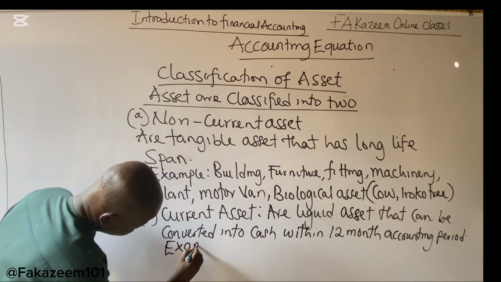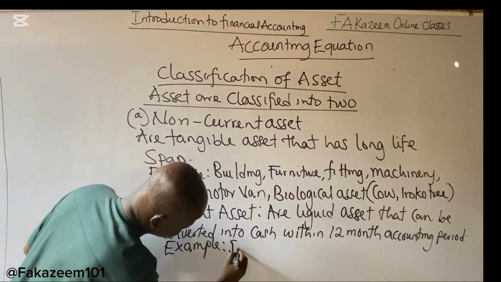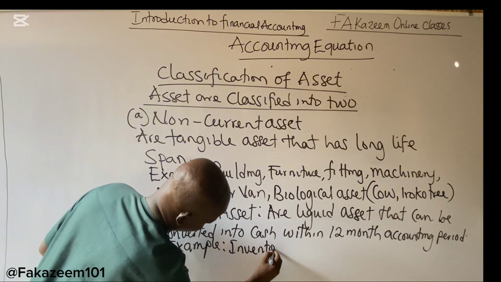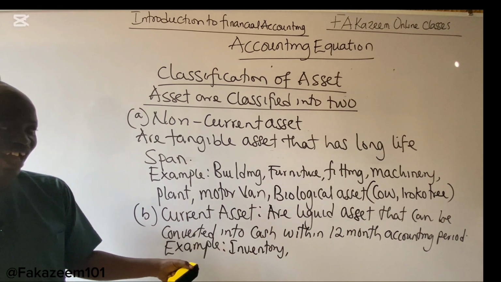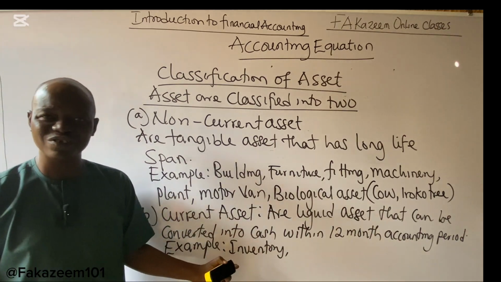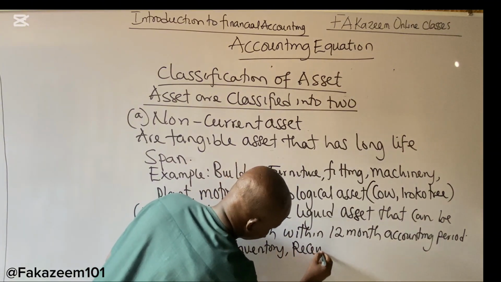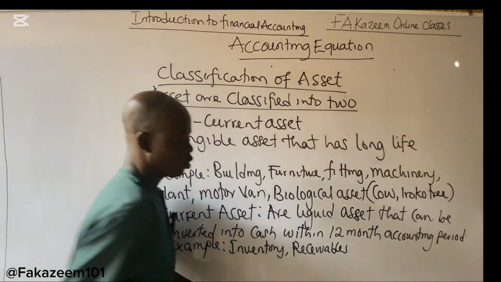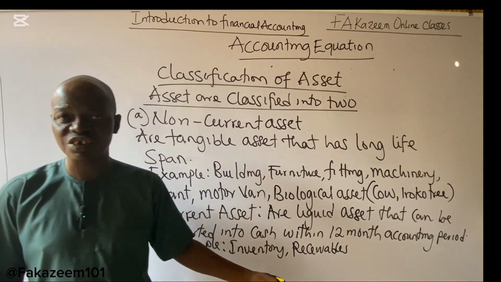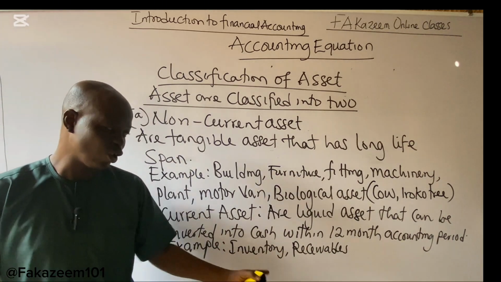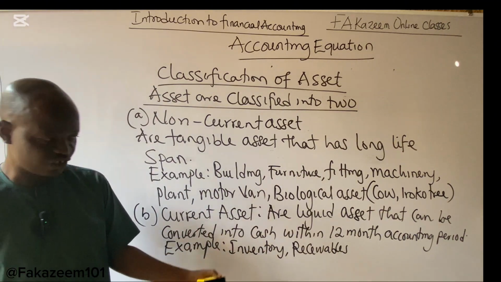The examples of current assets, we have inventory. Some of us, this is what we know before as closing stock. But in line with IFRS now, we don't call it closing stock again. We call it inventory. Also, we have receivable. Formerly, we do call this debtors. But in line with International Financial Reporting Standard, we don't call it debtors again. We now call it trade receivable, or we call it receivable.